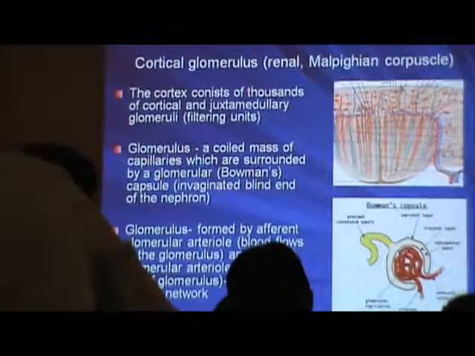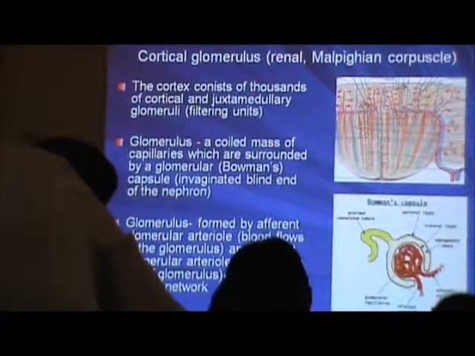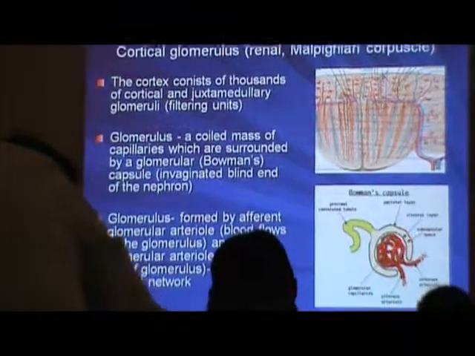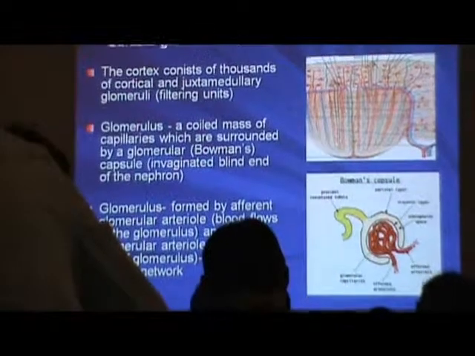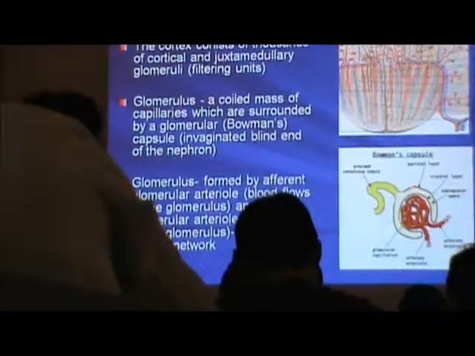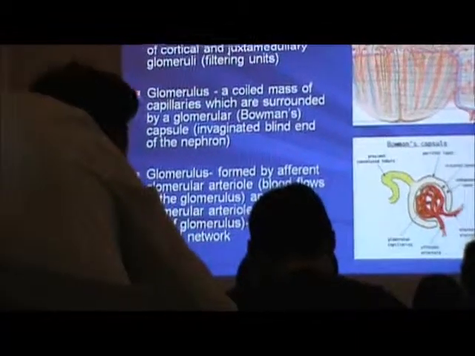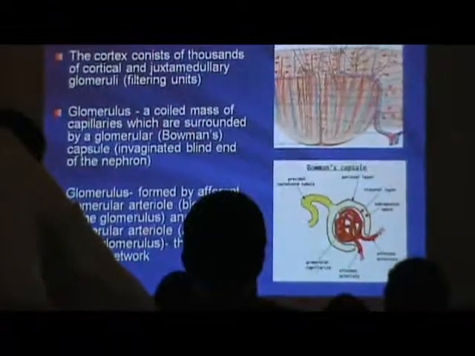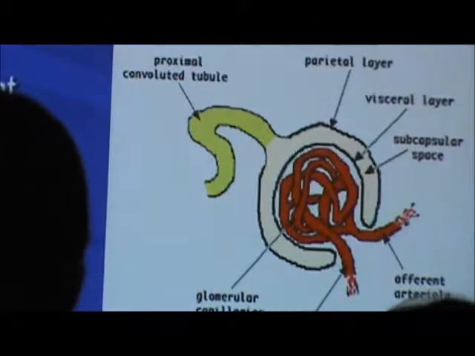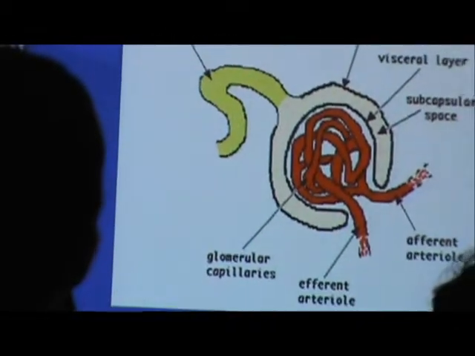So they are filtering units. The glomerulus is a coiled mass of capillaries surrounded by Bowman's capsule. Was it covered during histology or not? So I don't need to explain; I will focus only on the anatomy.